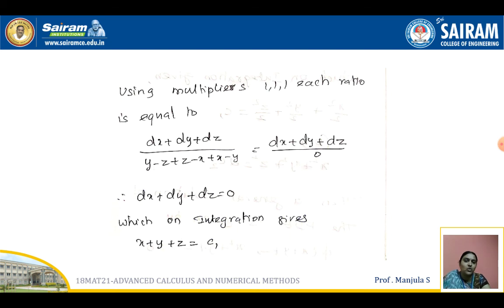For that PQR you multiply by 1, 1, 1 and then add. So we are getting dx plus dy plus dz divided by 0. On simplification we are getting dx plus dy plus dz equals 0. On integration we are getting x plus y plus z equals c1. This is the first solution.